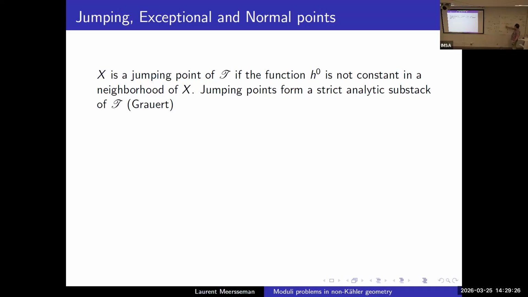If you have P1 times P1, it is encoded in the whole Kuranishi space minus the base. There are more complicated situations, but each time you have a jumping point, you have this phenomenon that the same complex manifold is encoded in a positive dimensional set.